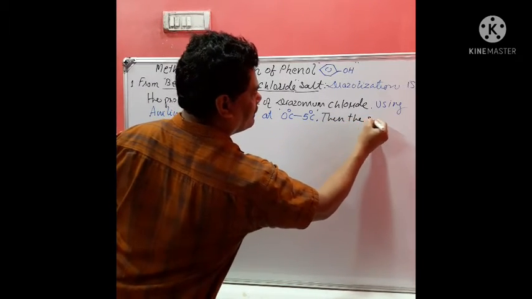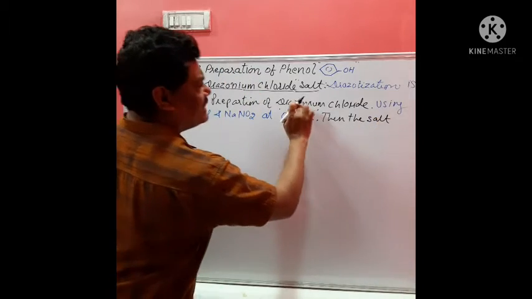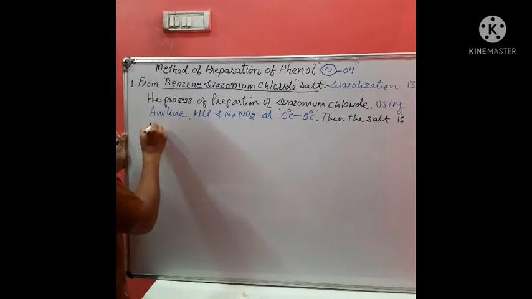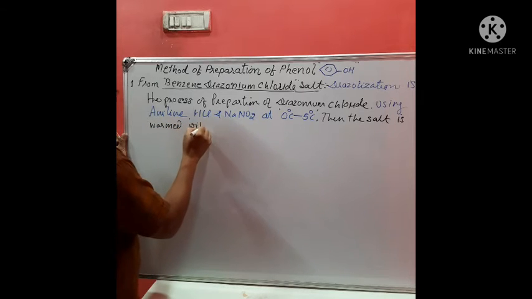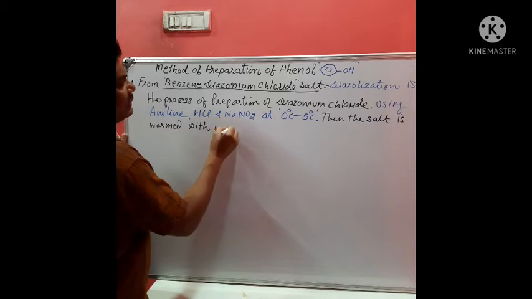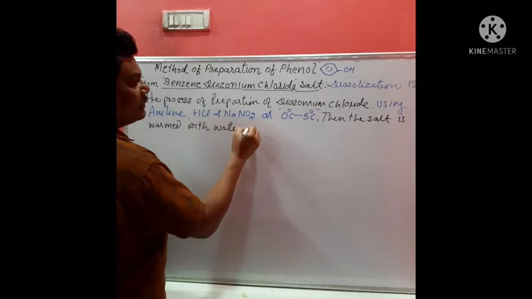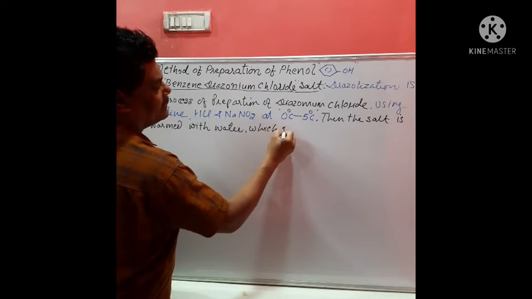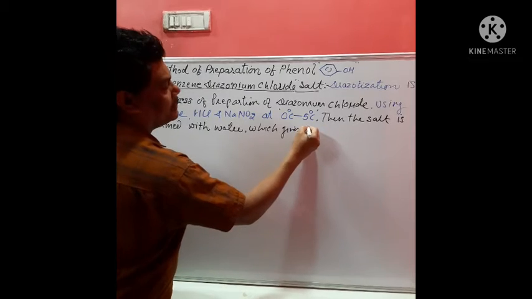the salt, that is benzene diazonium chloride salt, is warmed with water, which gives what? Phenol.